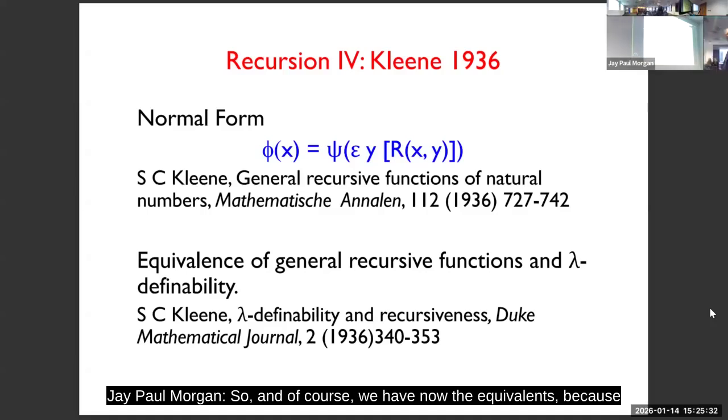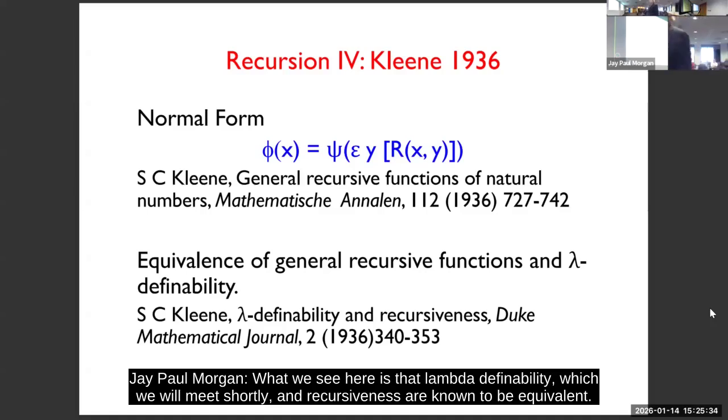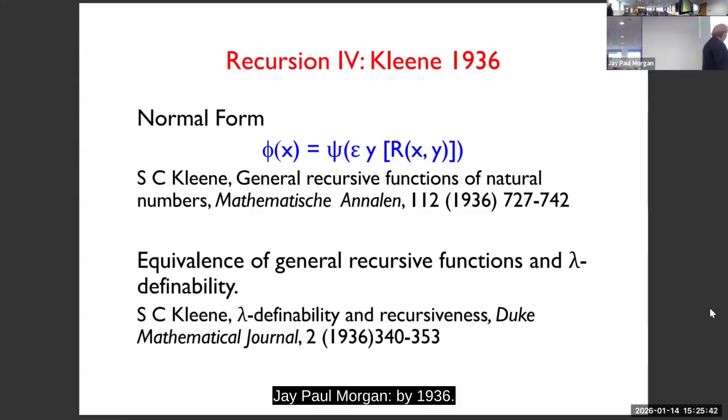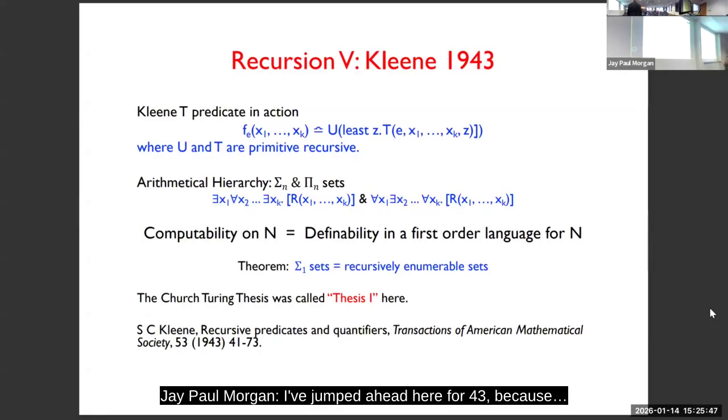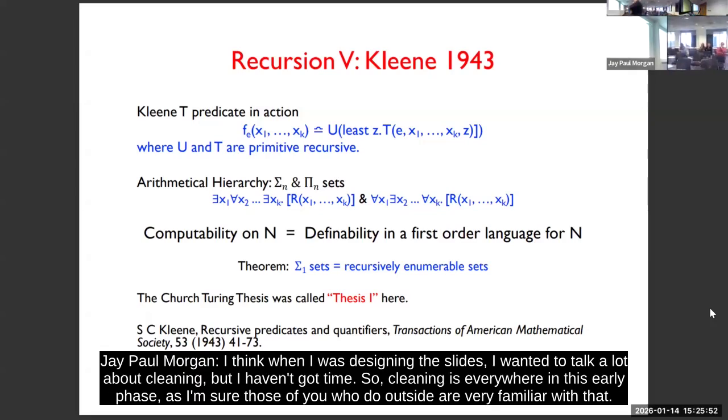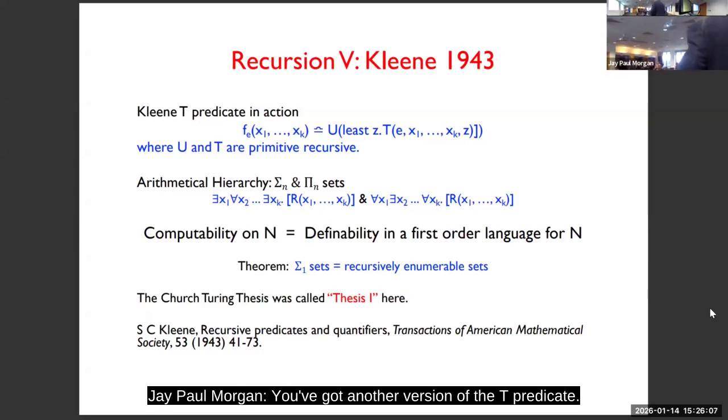And of course we now have the equivalence, because what we see here is that lambda definability, which we will meet shortly, and recursiveness are known to be equivalent by 1936. I've jumped ahead here for slide 43 because when I was designing the slides, I wanted to talk a lot about Kleene, but I haven't got time. So Kleene is everywhere in this early phase. As I'm sure those of you who do higher types are very familiar with.